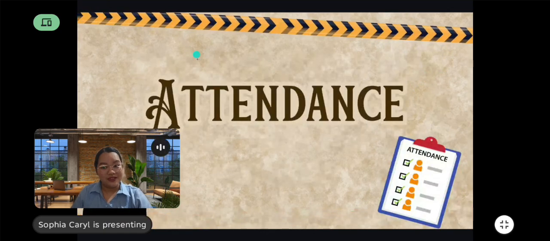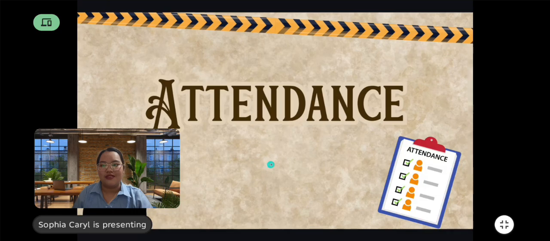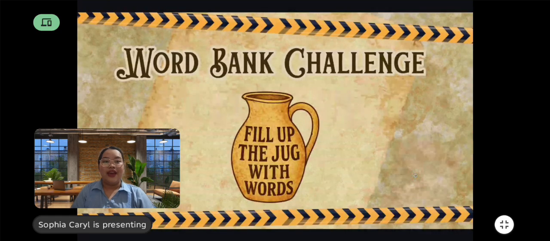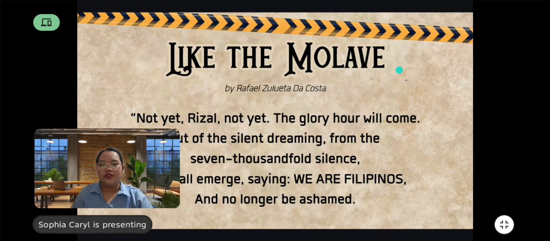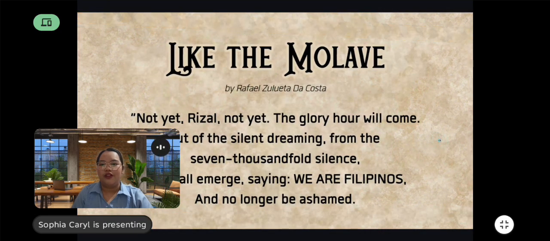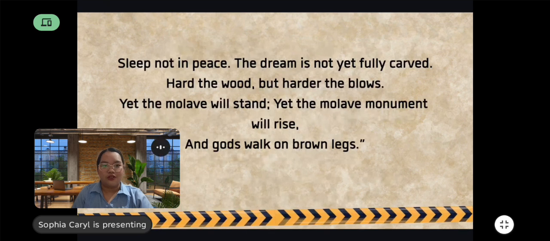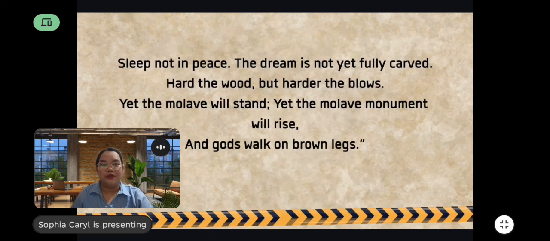And this part is the checking of attendance. So we will click the attendance for the next slide. And the motivation. So in this part, the motivation here is about filling up the jug with words. So this is a poem from Rafael Zulueta da Costa that the students will be reading.